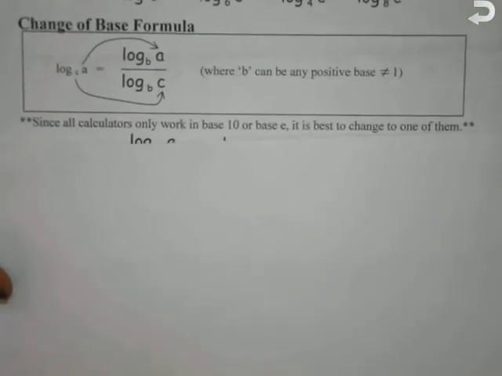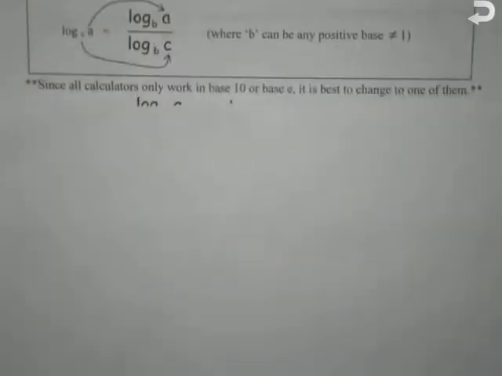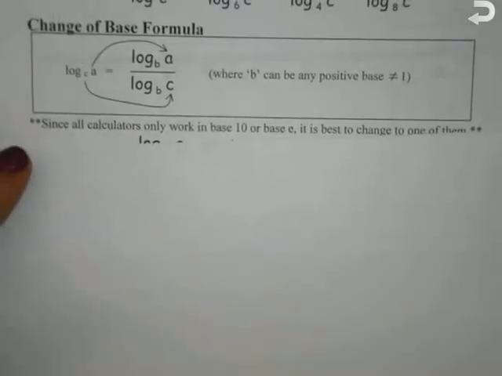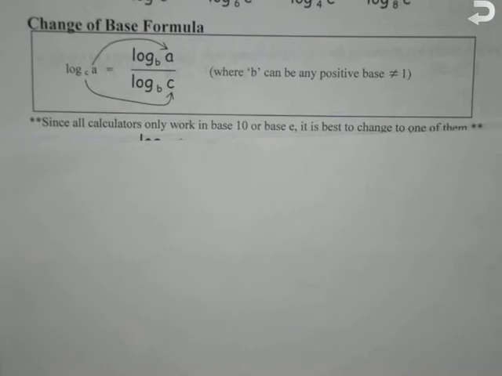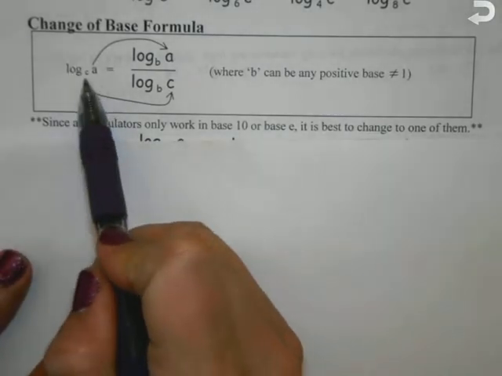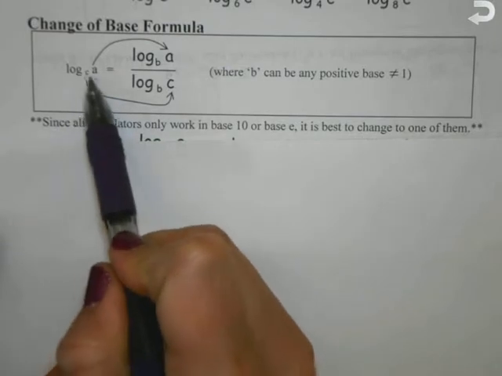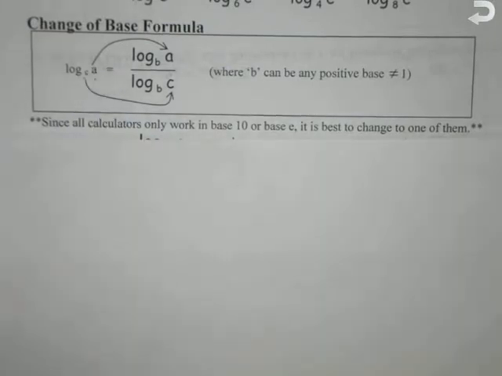So here is your change of base formula. I want you to write it nice and big, just the stuff that's in the box. Change of base formula. Here it is. A, B, and C are all going to be numbers. So if I give you log base C of A, so some numerical base of some number, you can rewrite it as a fraction.